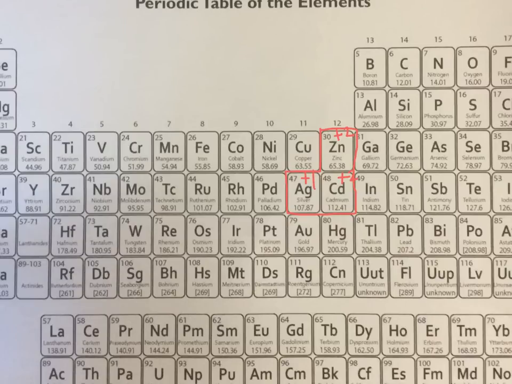All right, so now let's do some examples of writing formulas and naming compounds that contain a transition metal. So for this first example, let's use copper, and I'm going to tell you that this is going to be copper with a +2 charge. Okay, that's copper +2. And then let's combine this with fluorine. So find fluorine on your periodic table.